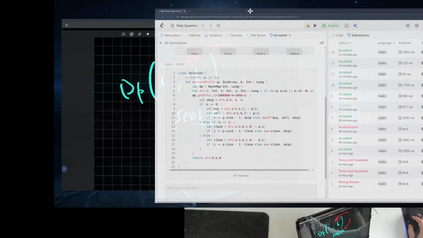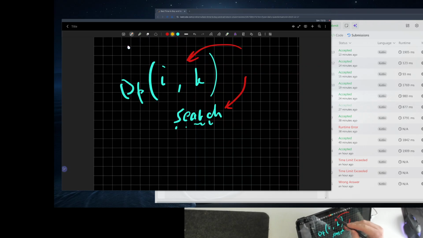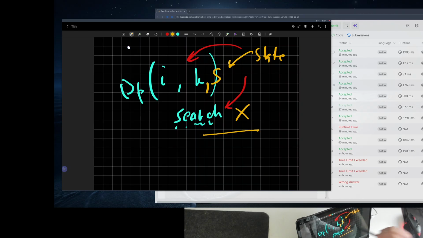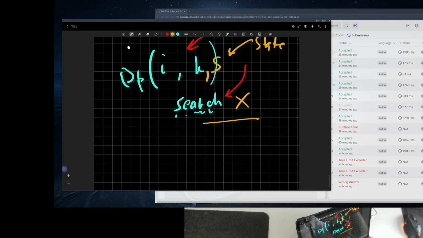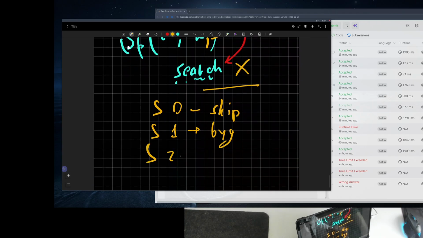We can encode a third variable here, a state, and this would help us to not search for the end. Imagine we have state 0 if we're skipping, state 1 is when we buy, and state 2 is when we sell, short sell.